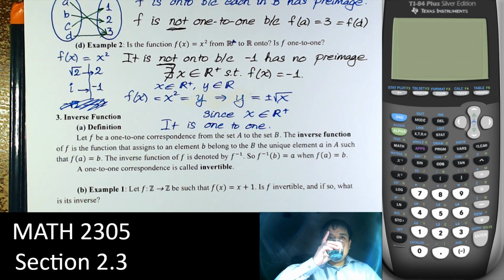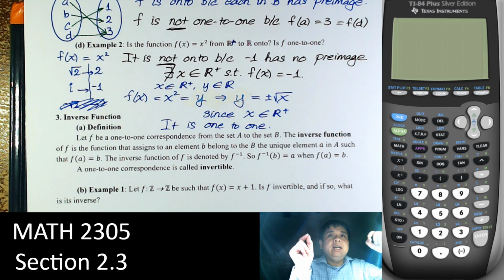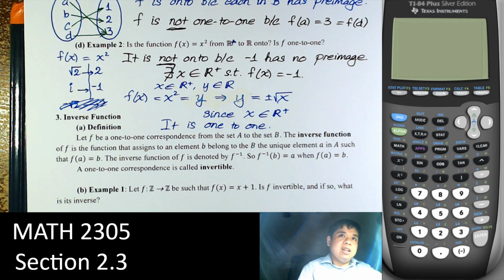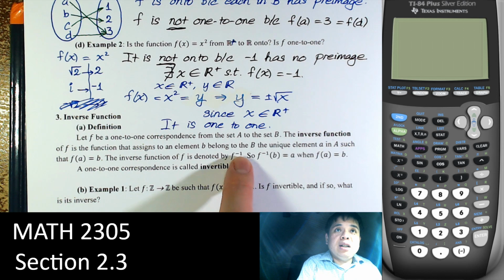Right, now the inverse function. Let f be a one-to-one correspondence from A to B. The inverse function of f assigns each element from B to the unique element in A. So pretty much, if a function goes from A to B, then the inverse goes from B back to A. That's called the inverse function, and we denote the inverse by the superscript -1.